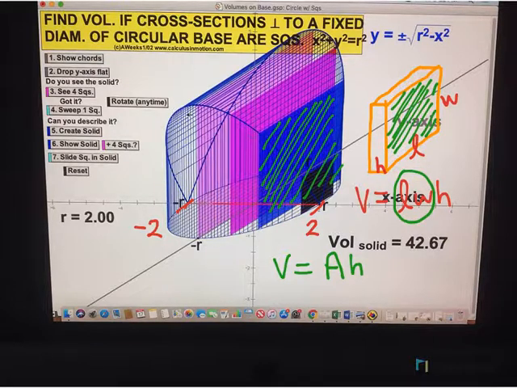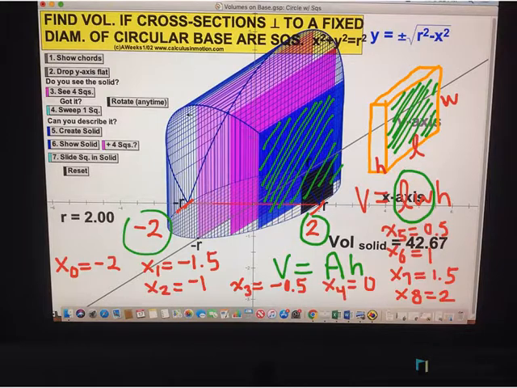And if you'd like to make it a regular partition where all of the subintervals have the same width, the width of each subinterval would be, you take the width of the interval from -2 to +2. 2 minus -2 is 4. And if you divide 4 by 8, you get 1/2 for the width of each subinterval. So if you do that, then you're going to have a total of 9 partition points.